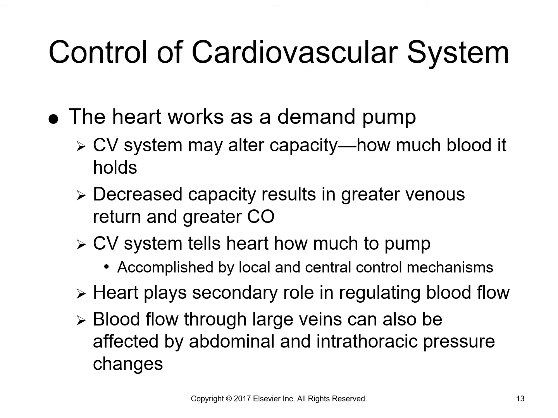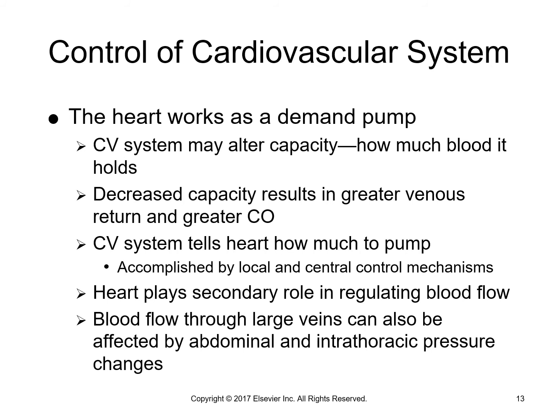Keeping in mind, the decreased capacity results in greater venous return and greater cardiac output. So we have a decrease in volume, and then our blood pressure is actually going to go up to help maintain our cardiac output. Okay, so the cardiovascular system really tells the heart how much to pump, and it does this by local and central control mechanisms. Really the heart plays a secondary role in regulating how much blood is being pumped.